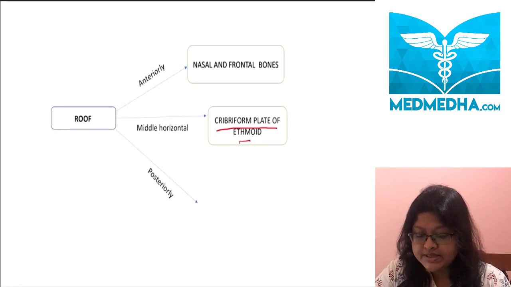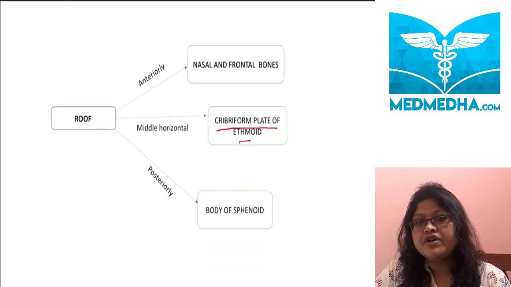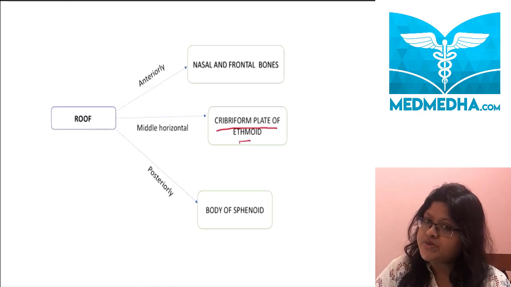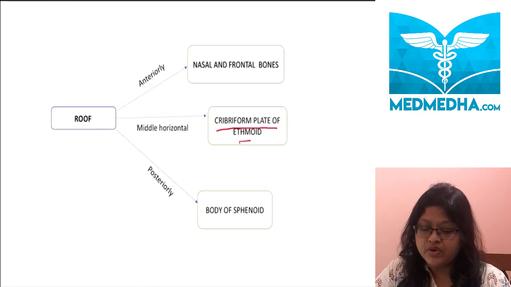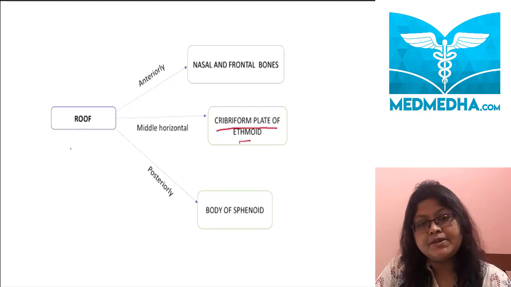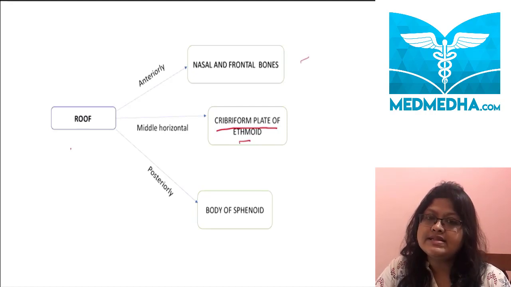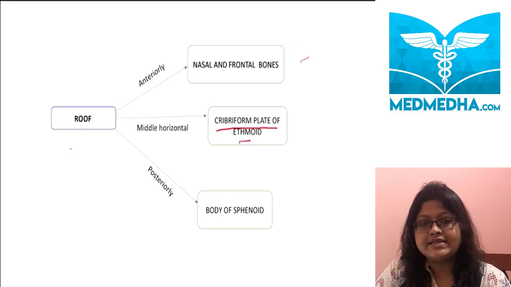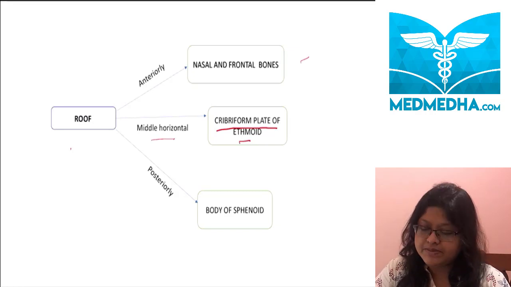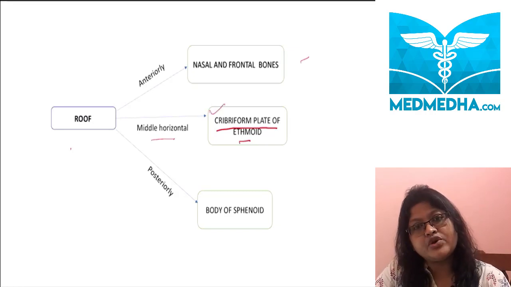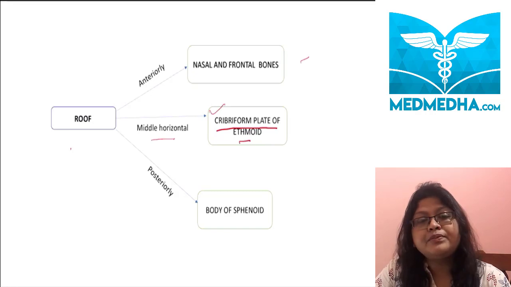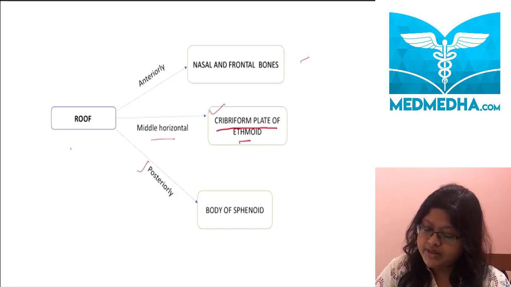And the posterior part is made up of the body of the sphenoid bone. So the roof is made up of the nasal notch of the frontal bone and the nasal bones anteriorly, for the middle horizontal part we have the cribriform plate of the ethmoid, and for the posterior part we have the body of sphenoid.